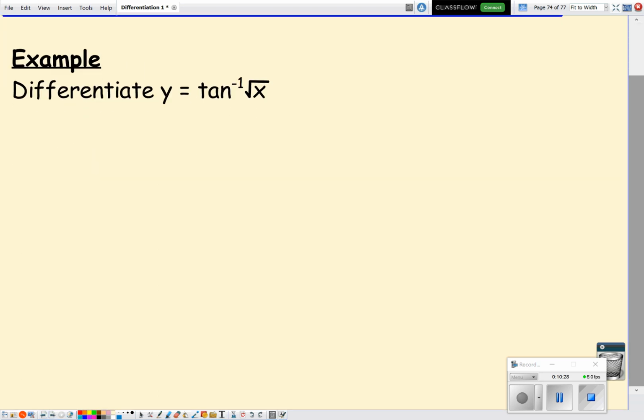Next one. So let's start making things a wee bit trickier now. So this is inverse tan root x. I would normally just write that as inverse tan of x to the power of a half. You're going to have to differentiate it anyway as part of your chain rule. So dy by dx. The derivative for inverse tan is a wee bit easier: 1 over 1 plus.